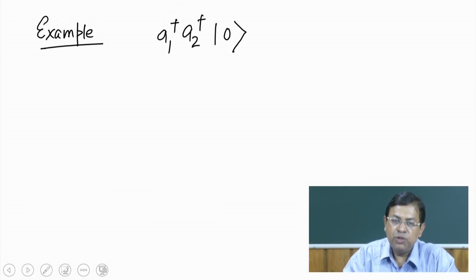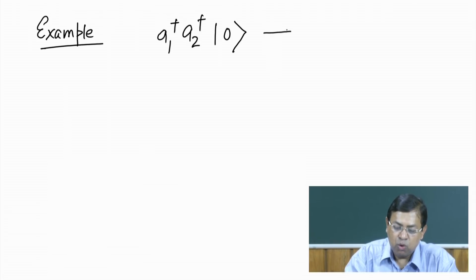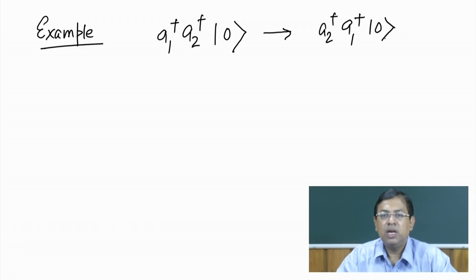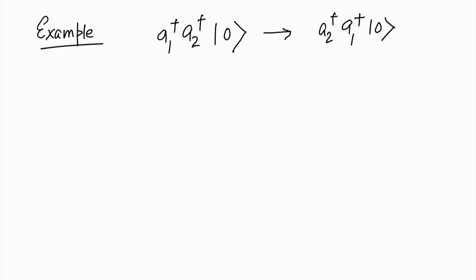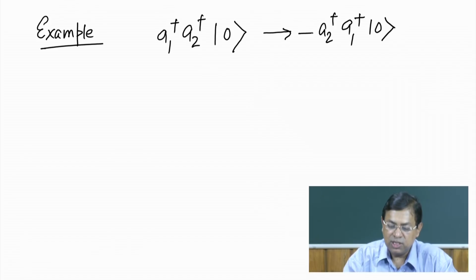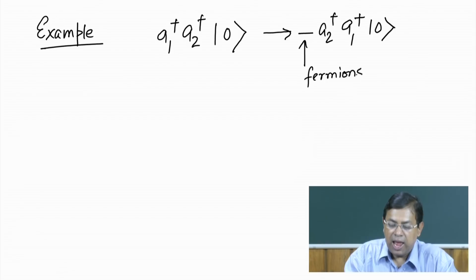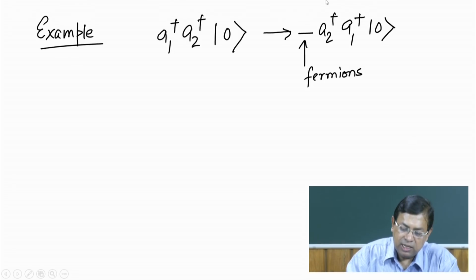If we change 1 and 2, it would go to A2 dagger, A1 dagger, and we have said earlier that for bosons it does not make a difference, that is there is no sign that comes in front of the second term on the right. However, for fermions we get a negative sign.